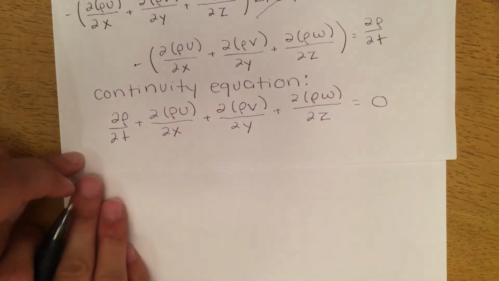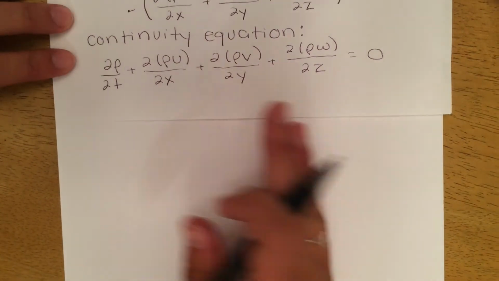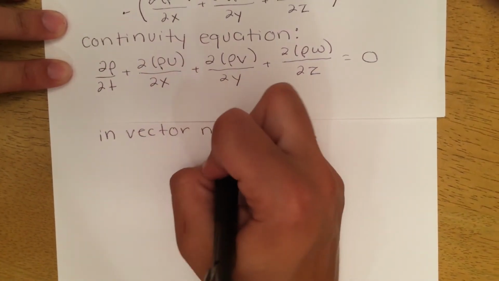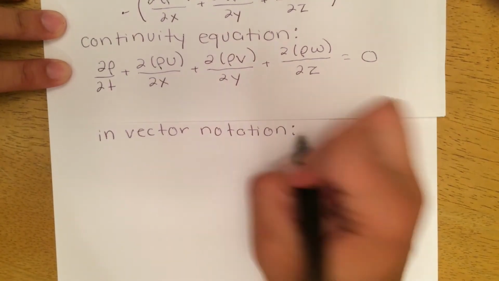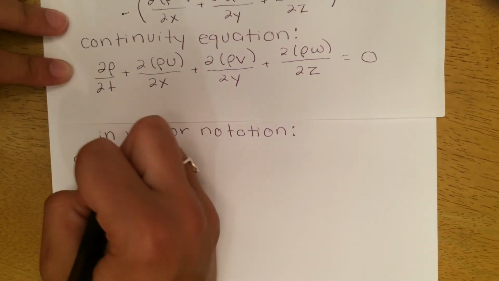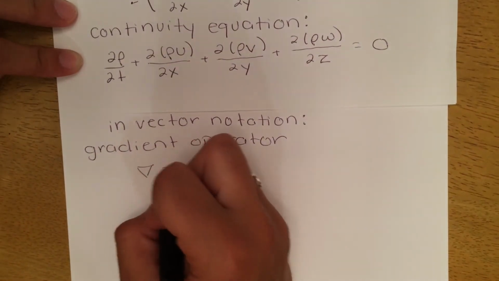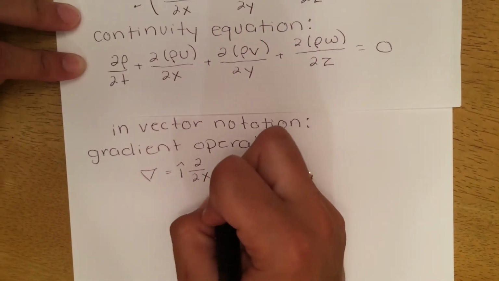However, you may sometimes see it written in vector notation. Vector notation uses the gradient operator to simplify the partial derivatives and velocity component in each direction.